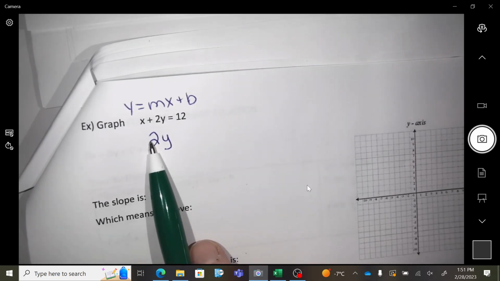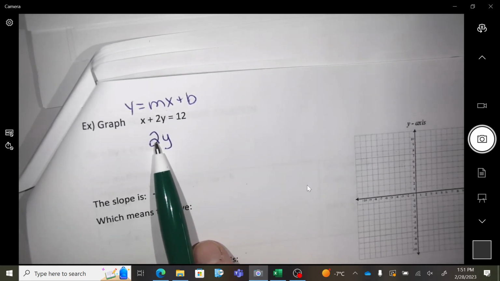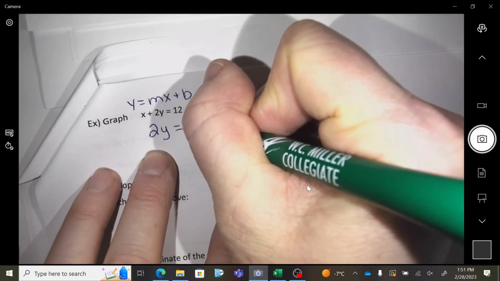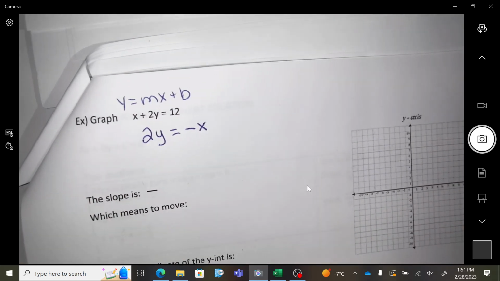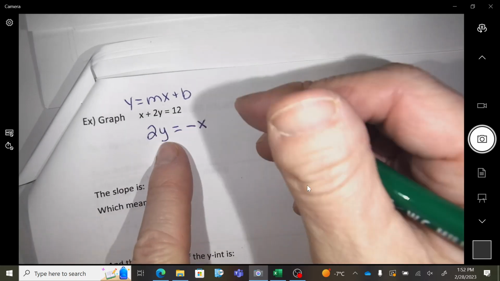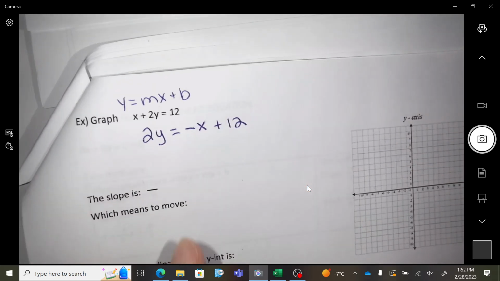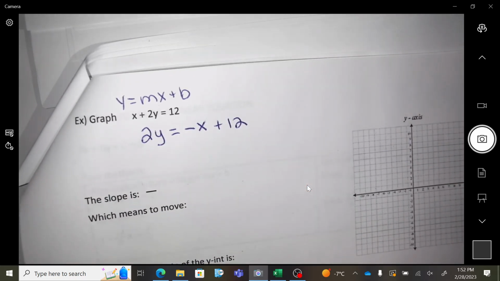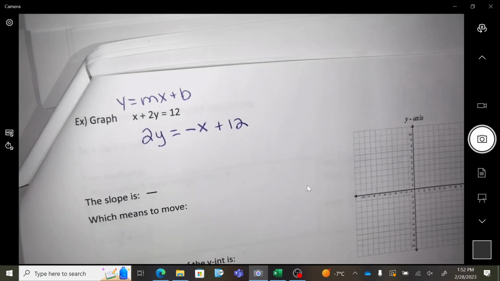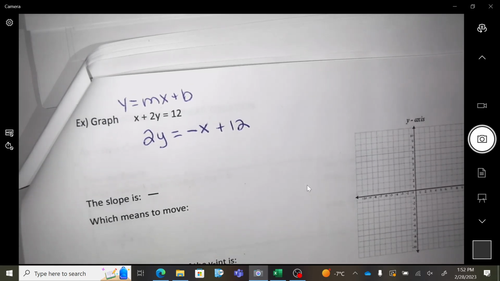So what happens to something when you move it across an equal sign? So this is going to be a negative x over there. And then the 12 number is where I wanted it to be. I'm not moving it, so it's plus 12. So do you see how I'm trying to line it all up to match the formula?